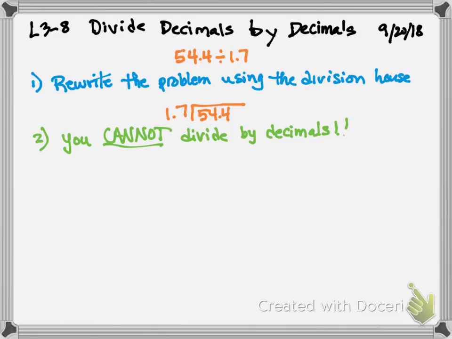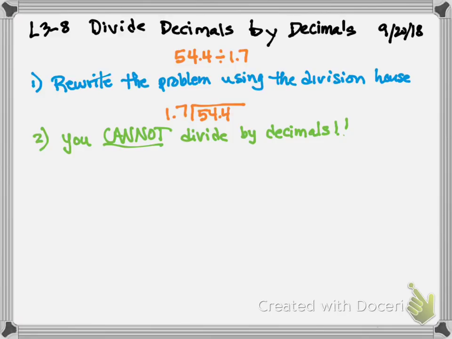So we're going to have to figure out a system how to remove the decimal from the divisor. But I know what you guys think about life. It's got to be fair, and if I treat one number in a division problem one way, then I got to treat the other number the same way.